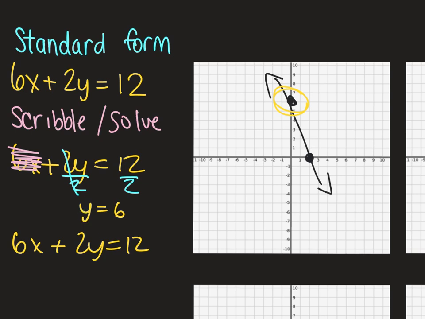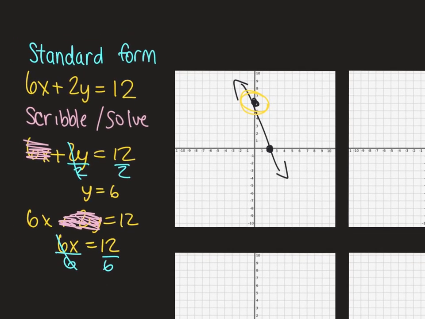The y football player. Okay, then if I go to the second time I wrote it, I'm going to scribble out the y, including if he has a plus or a minus in front of him, scribble him out too. Now, if that looks a little weird, we could rewrite it. 6x equals 12. Hey, I'm ready to sing the song. Divide by 6, cross out, what's my answer? x equals 2.